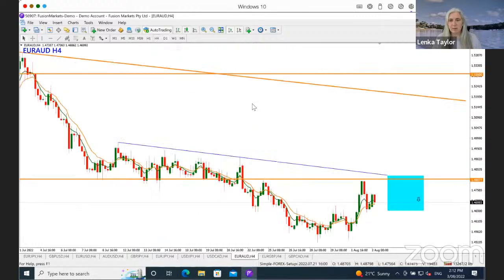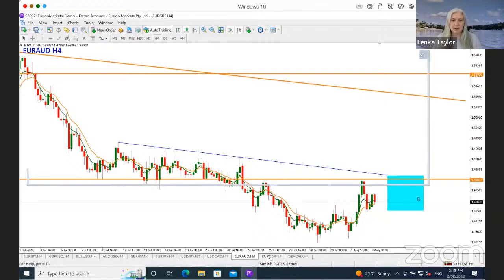On the 4 hourly, I'm looking for that nice rounded price action. If there is a reversal around this area, that is fine, or just a little bit higher, that would be good too. Either way, I'm looking for a short opportunity on Euro AUD.